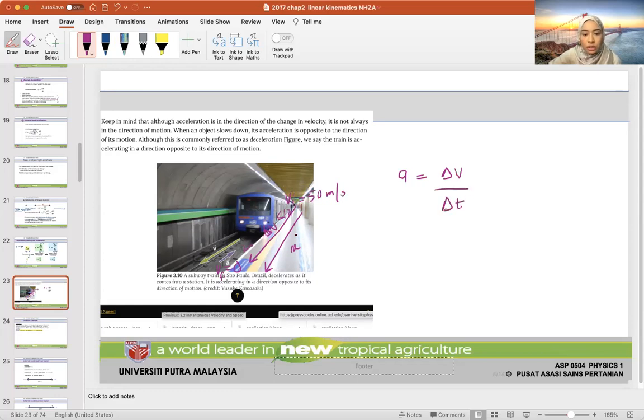And from here to here, it took the train 10 seconds to come to a complete stop. Okay, so if I started from 50 and I ended at 0, what should I put into my equation?